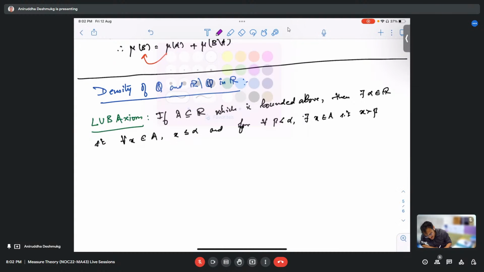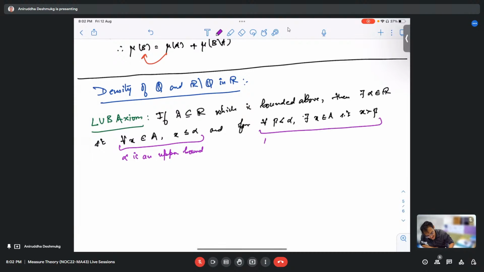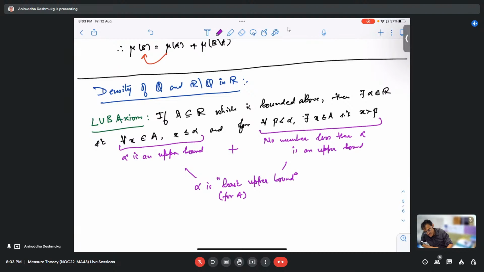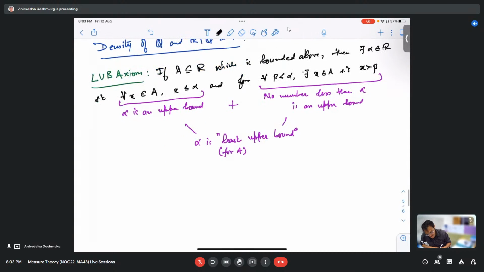The first thing tells us that alpha is an upper bound. The next thing tells us that no number less than alpha is an upper bound. Together they tell us that alpha is the least upper bound for the set A. And this alpha we usually denote by supremum of A.